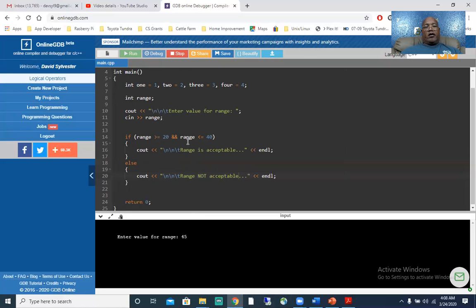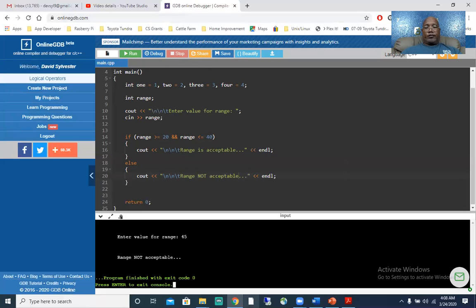And is 45 less than or equal to 40? Nope, that's false. So you got true and false, put in your AND table. True and false yields false. So this value is not acceptable. So when I hit enter, see, range not acceptable. So it will do the false condition.